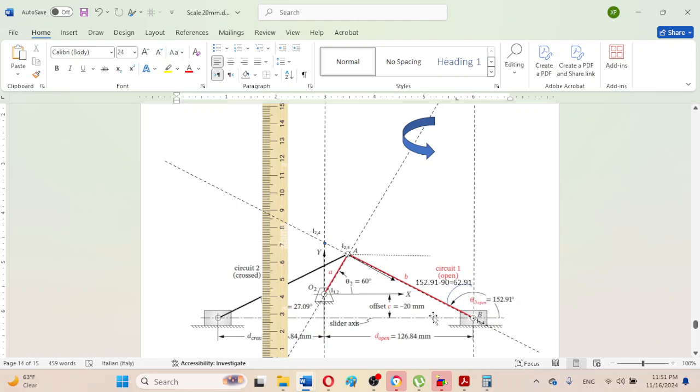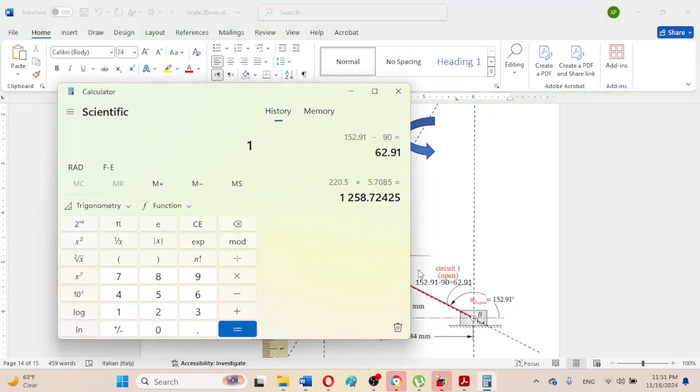That means this smaller or acute angle between this connecting rod and this x-axis will be equal to 180 minus 152.91, which is equal to 27.09.